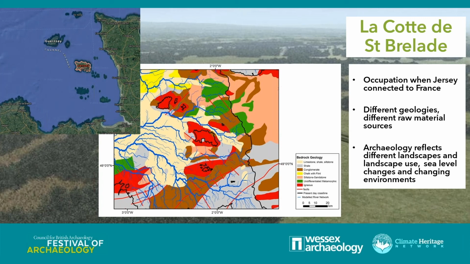So we're able to use those raw materials to look at where within these landscapes humans were active, and, because of the nature of the archaeology, how humans were active in these now lost landscapes. And this can all be linked together: the differences in landscape use, sea level changes, changing environments, and the archaeology itself allows us to see changes over time.